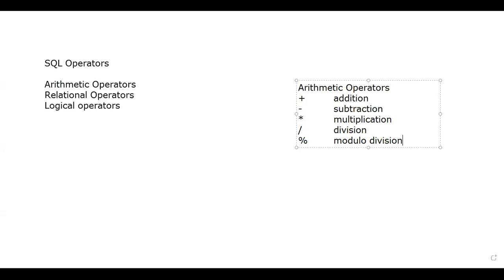Here we can add two values, or we can add the contents of two columns, and likewise subtraction, multiplication, division, and modulo division. We can perform the operation on two operands, or else take two columns and perform these operators in between them.